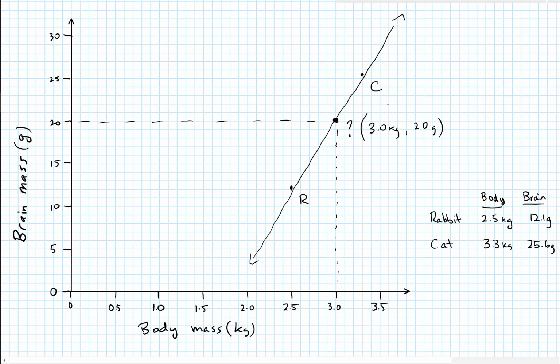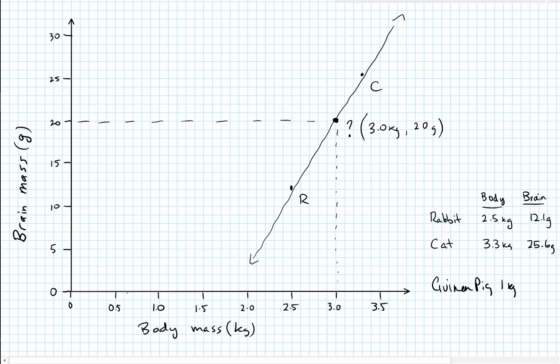Where we're really going to be far off is if we try to go kind of beyond these values. So for instance, what would happen if we tried to find something related to a guinea pig? So a guinea pig might have a body mass of only 1 kilogram. So this line we've got here is going to be pretty much useless for us, because if we try to find the point on the line where the body mass is 1 kilogram, you can see it's going to be below the x-axis.